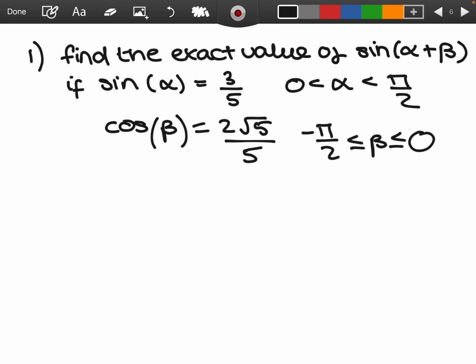So I've got one in quadrant 1, one in quadrant 4. The question is, what is sine of alpha plus beta?